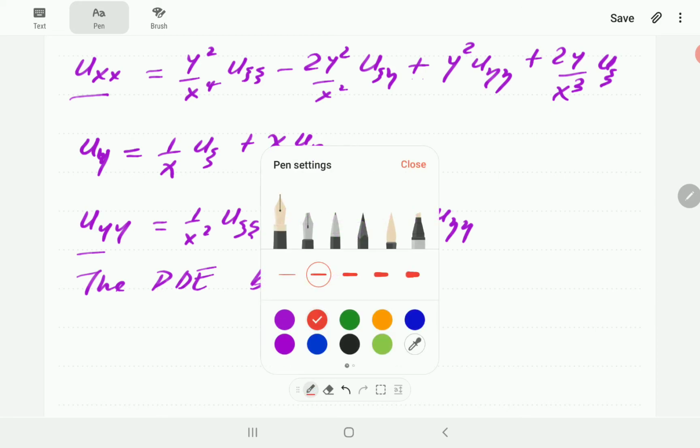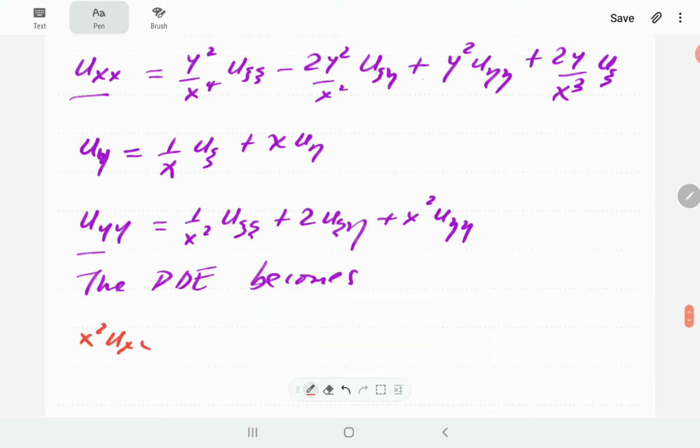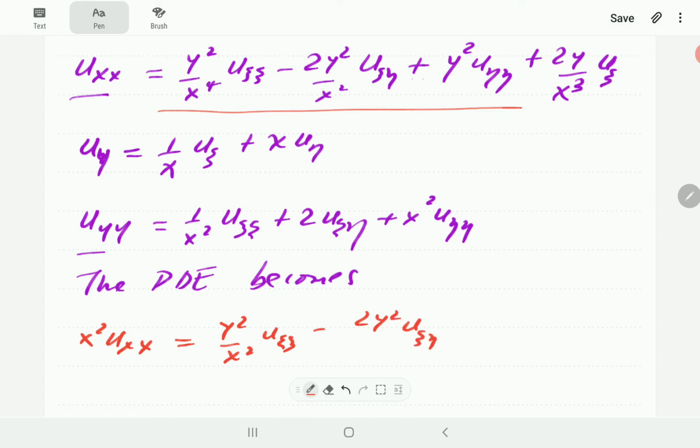So if we do that, x squared uxx, which is going to multiply through here by x squared, so the first term is going to be y squared over x squared u xi xi minus 2y squared u xi eta plus, we are multiplying by x squared y squared u eta eta.